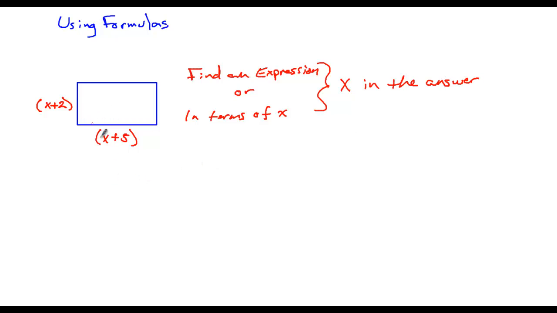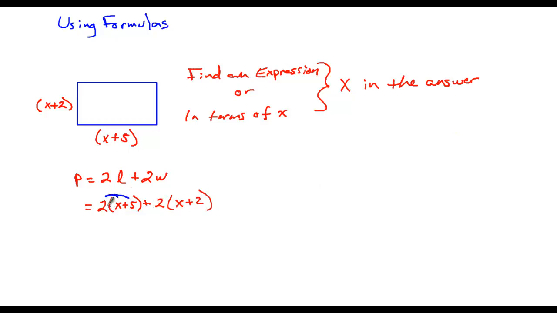So let's say that we're going to try to find the perimeter of this rectangle. Well, from your flashcard, you're going to know that perimeter of a rectangle is 2 times the length plus 2 times the width. So the length of our rectangle here is x plus 5, and the width of our rectangle is x plus 2. Now, hopefully, this is a pretty basic problem for you.